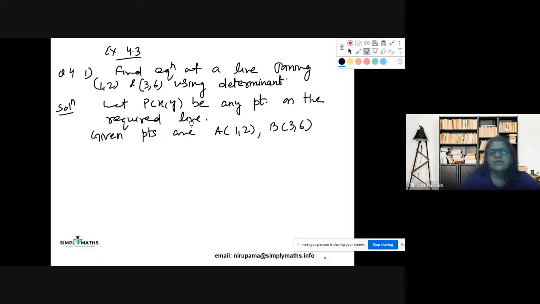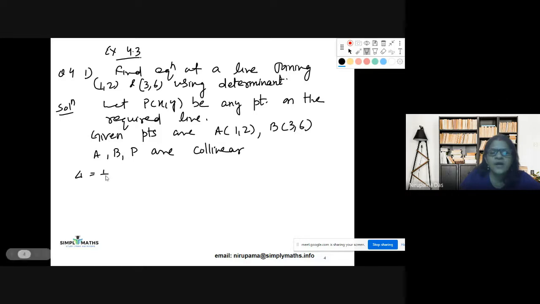So the line joins this and this, and we are taking P(x, y) as any point on the line. It means A, B, P are collinear, they are on the same line. So if they are collinear, the area of the triangle is 0.